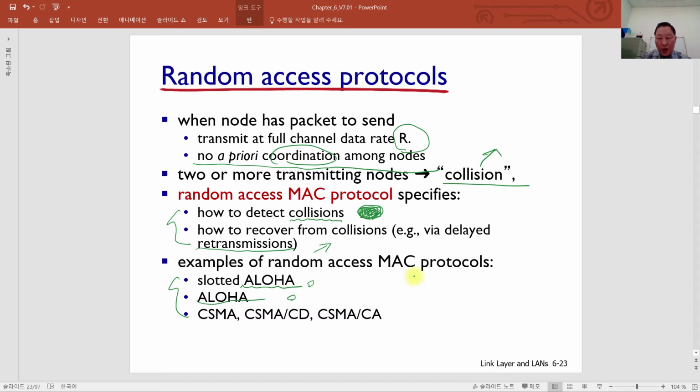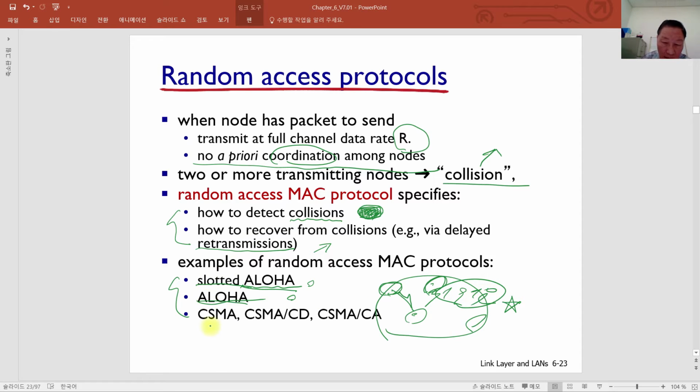This scheme was used to communicate between nodes on each island, and they had to use a radio channel, because there are many islands in Hawaii, and they used this name, Aloha. Slotted ALOHA and ALOHA we learn. Around the 1970s, those were used to invent Ethernet historically.